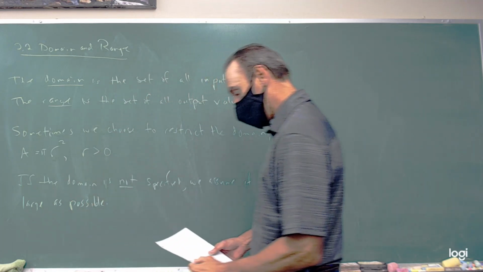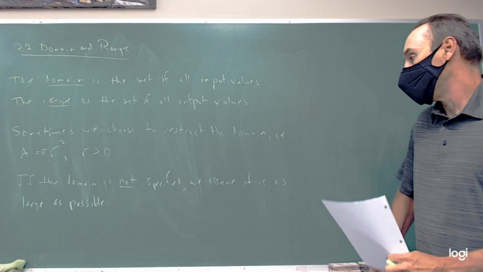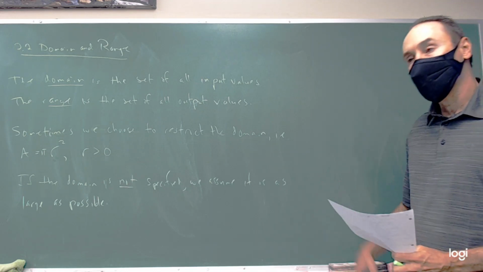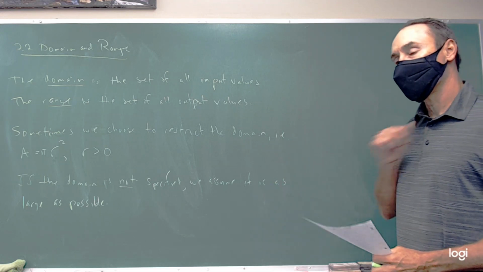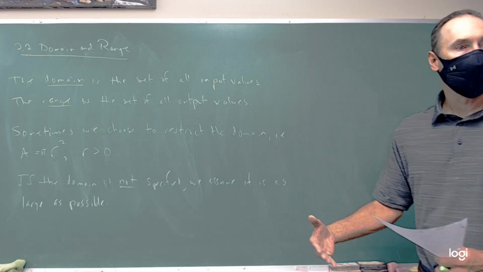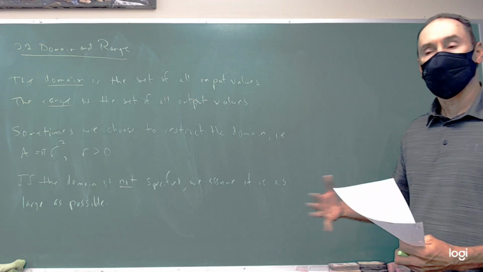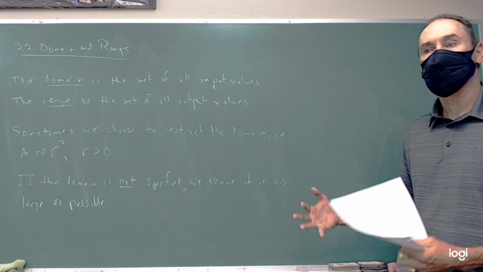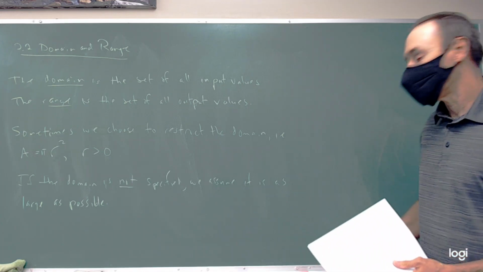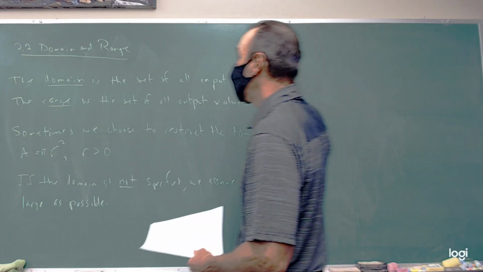So where possible, we would like it to be all real numbers. But we're going to see there's 3 different kinds of functions that will have restricted domains just because some values of x aren't going to make sense, aren't going to be defined in the function. And so we have to be aware of that and understand what that domain restriction is going to be.